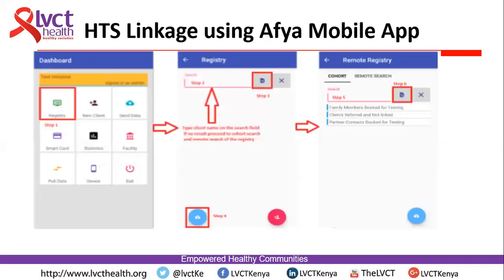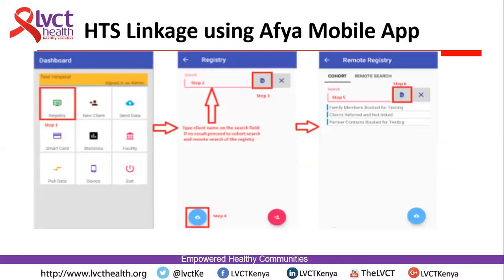So from this dashboard, this is just to demonstrate using the AFIA mobile. The counselor will be able to go to the registry, and from the registry, the counselor can do a search on the device. If the client is available on the device, then she can proceed by updating the linkages.